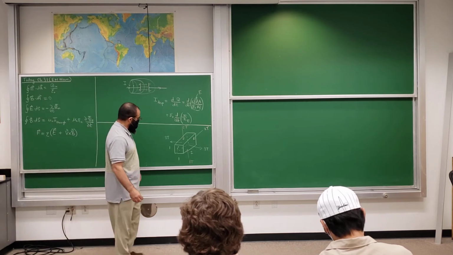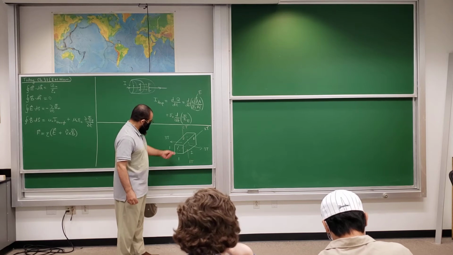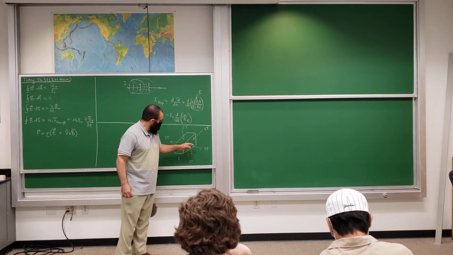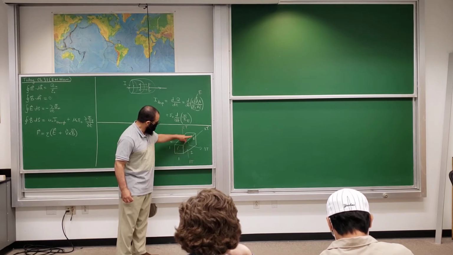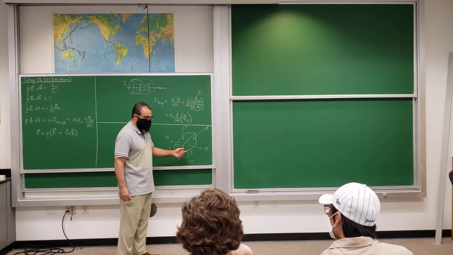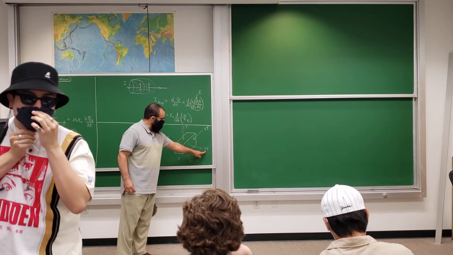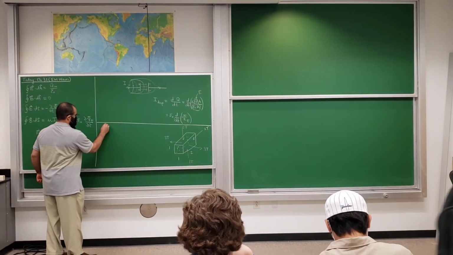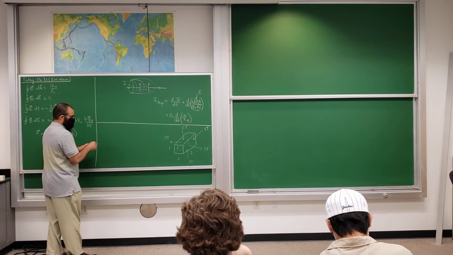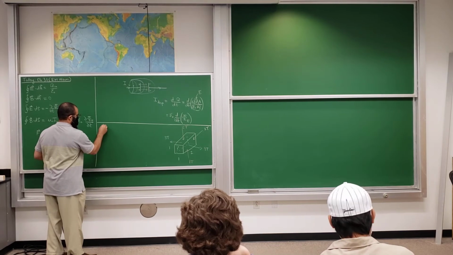So let's start with the leaving first because it's positive. You got 3 Tesla leaving out of this space. What's the flux? Magnetic field times area, right? So the magnetic field is 3, and the area is 2 by 1.